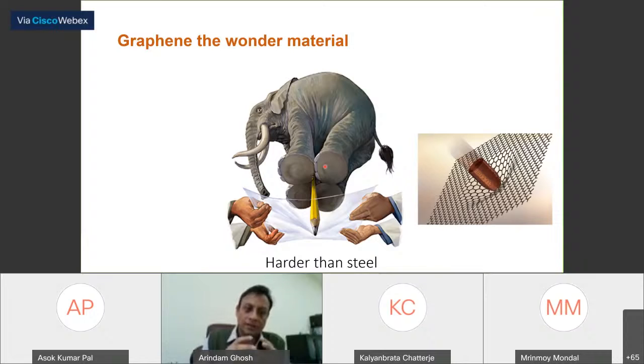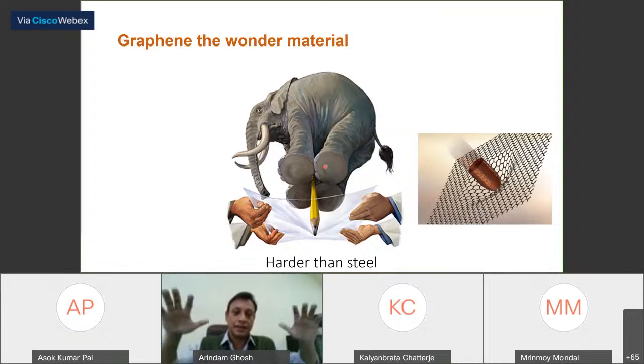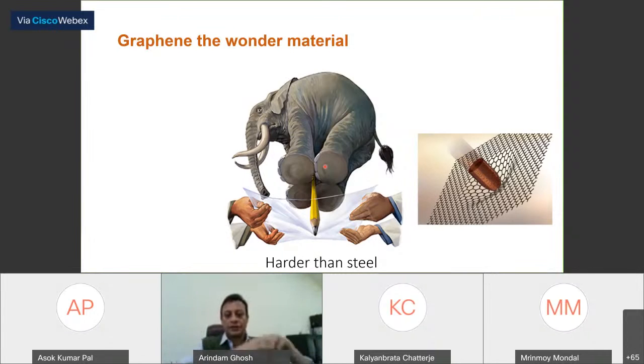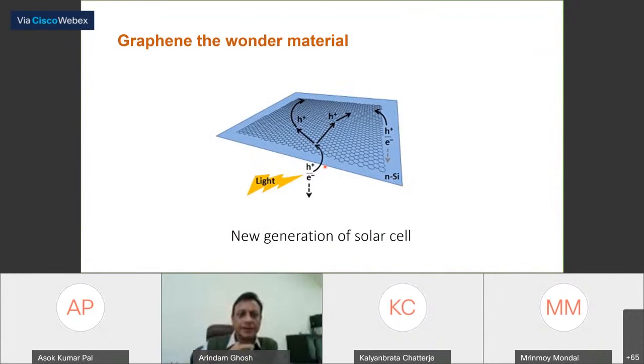Its elastic constants are much larger than standard three-dimensional materials, or even steel for that matter. And because it is 99.8% transparent, you can use it for completely different applications. For example, you can make windows in solar cells. A lot of people are trying to do this. There are technical challenges, but this is another direction in which these kinds of materials can be used.